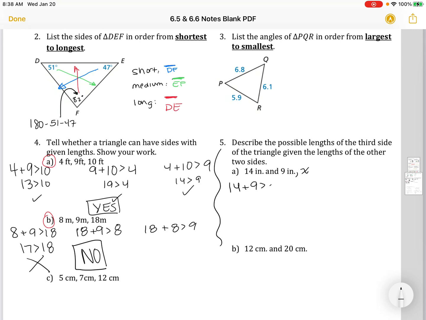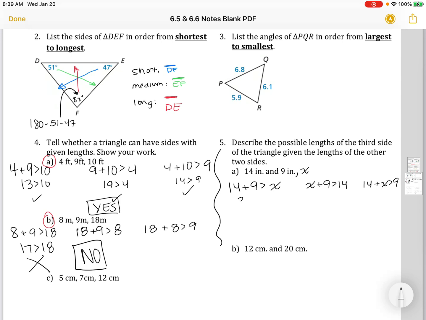So 14 plus 9 has to be greater than x. x plus 9 has to be greater than 14. And 14 plus x has to be greater than 9. So what you are doing is using the third side called x to see where that range is.